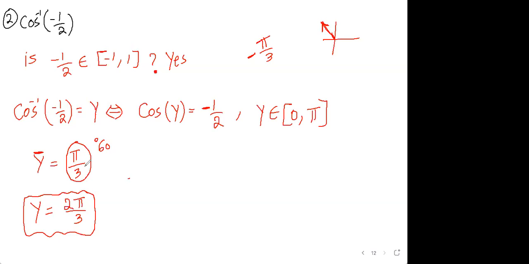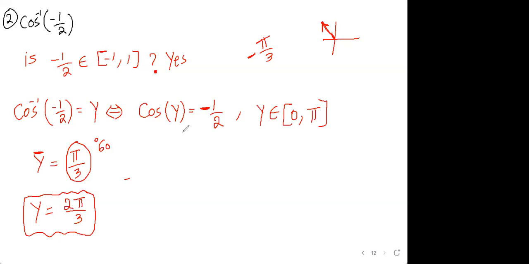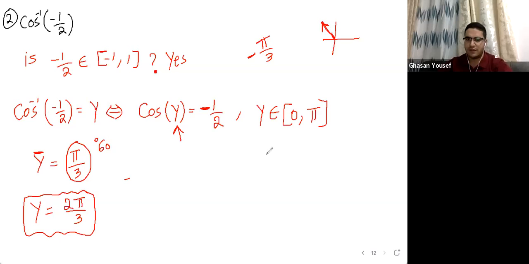Okay, again, look, the angle here is negative, right? The cosine is negative, and this angle must be between 0 and pi. 0 and pi means the angle from this point to this point, like this.